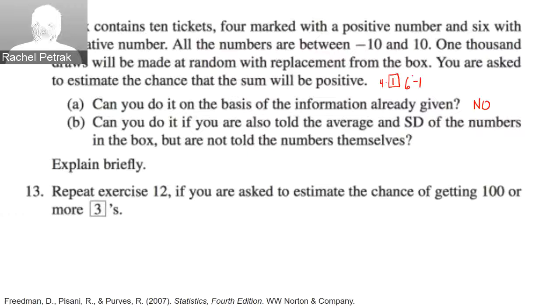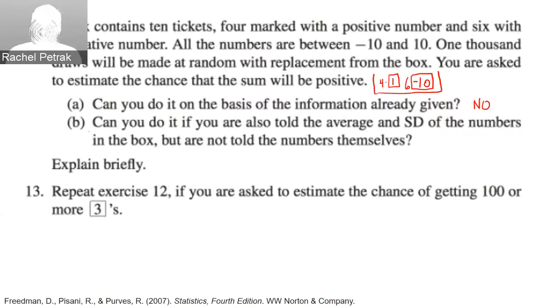And we've got 6 tickets that are -10. As you can see, this box is fairly extreme, and you could really create any box. You could have 4 marked 3, 6 marked -2, any way that you end up with 10 tickets in the box. And so, can we estimate the chance that the sum will be positive? No way.